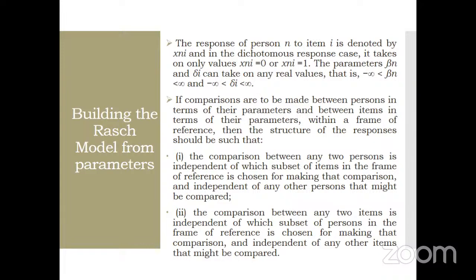Number two, comparison between any two items is independent of which subset of persons in the frame of reference is chosen for making the comparison, and independent of any other items that might be compared. Right? What does it mean?